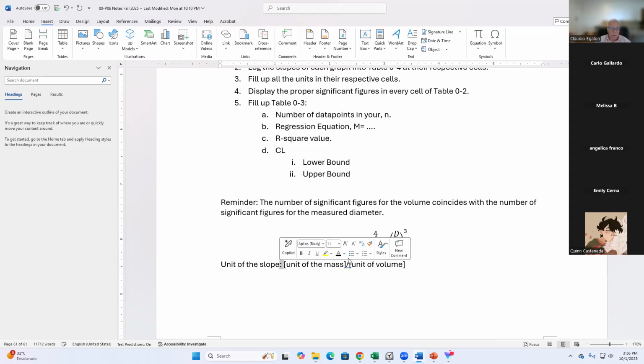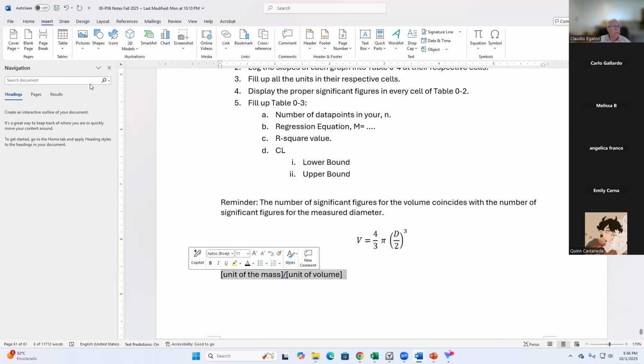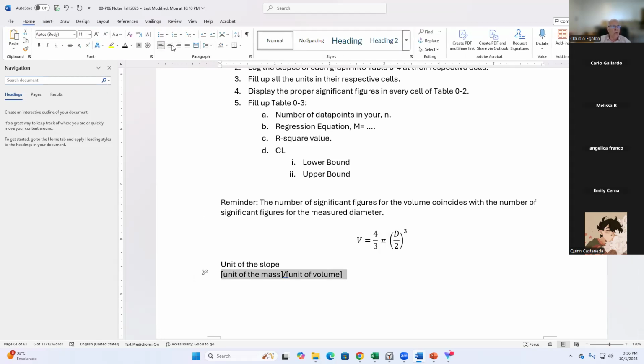So you have to know the unit of the mass and you have to know the unit of the volume to find the unit of the slope. If you do not know one of those units, you won't be able to find the unit of the slope. Okay?